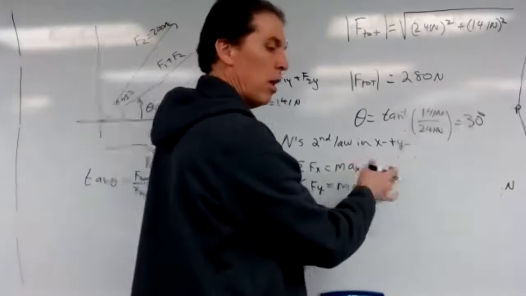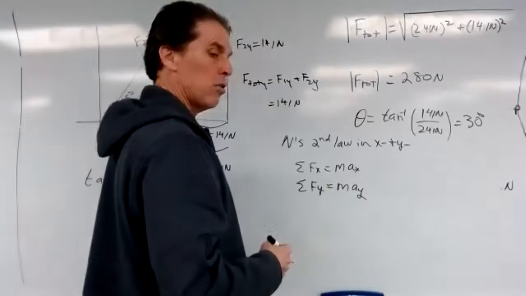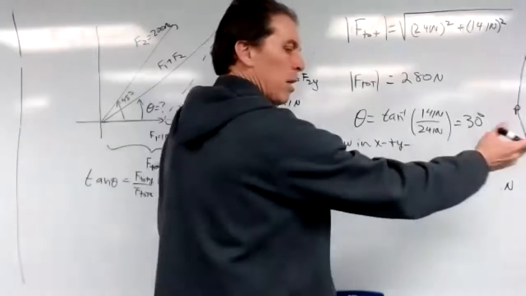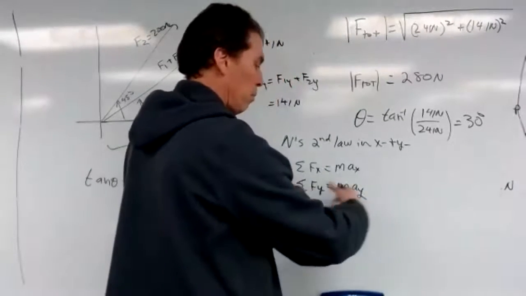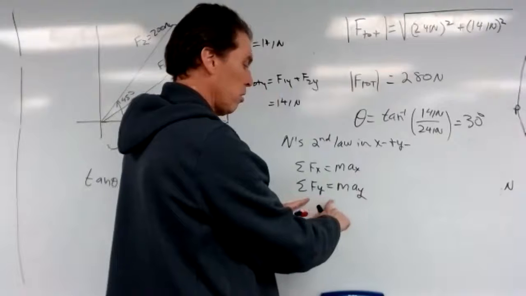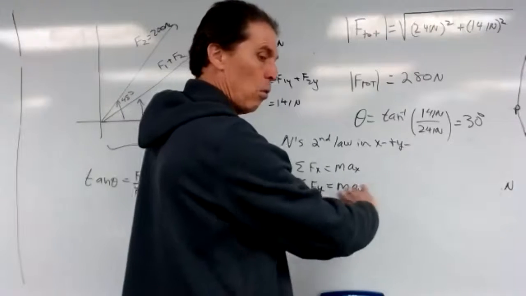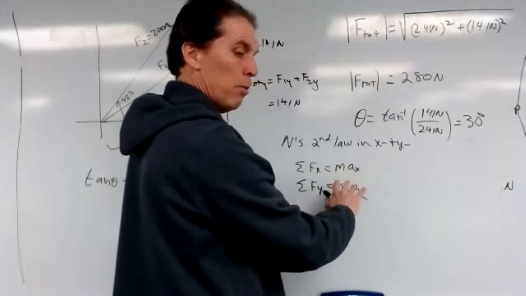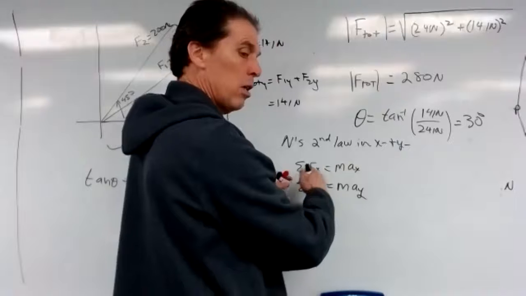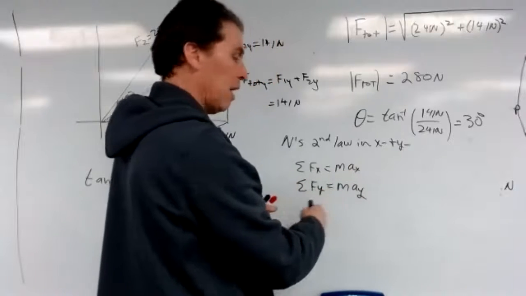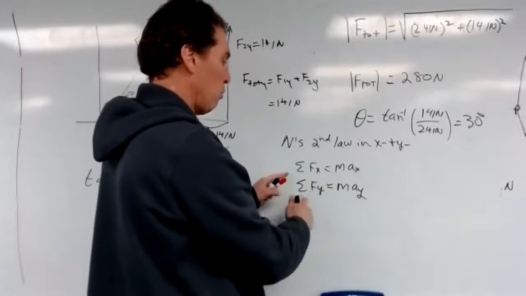This is the same thing we were doing for kinematics, where we said, look, we're just going to separate out all our x stuff, and we're going to separate out all our y stuff. These forces in the y direction are only affecting y motion, and so I don't have to worry about them for x motion. The forces in the x direction are only affecting x motion and not affecting y motion. And so I only have to worry about them this way.